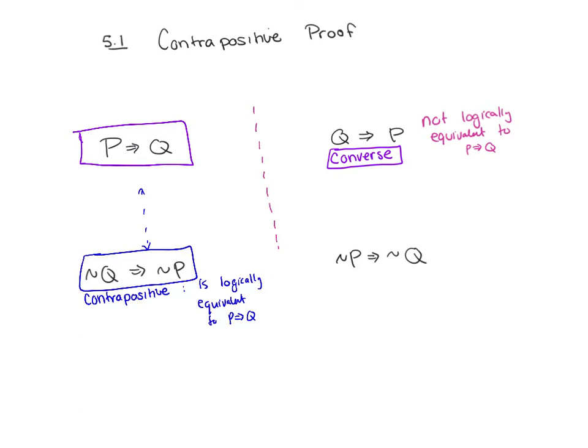The last way that we can organize these is I can either take the contrapositive and take its converse, or I can take the converse and take its contrapositive. Right, we end up in the same place. So we can think of this as either the converse of the contrapositive or the contrapositive of the converse.